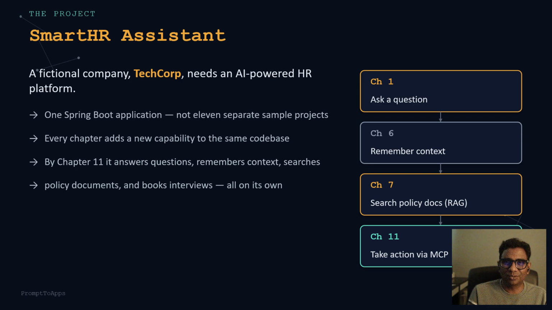Chapter one starts with a simple question and answer. Then in chapter six, the chat assistant is going to understand and remember the previous conversation as well. Then in chapter seven, instead of giving answers based on what it learned on the internet, it is going to give answers based on your employee documents or your organization policies. In chapter 11, it's not just generating text. The large language model should be able to take actions as well.